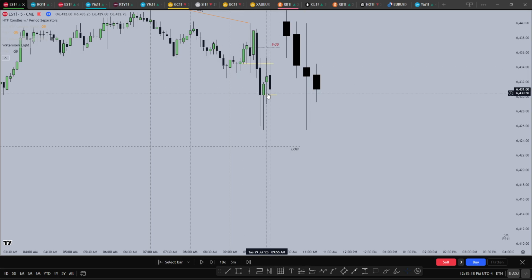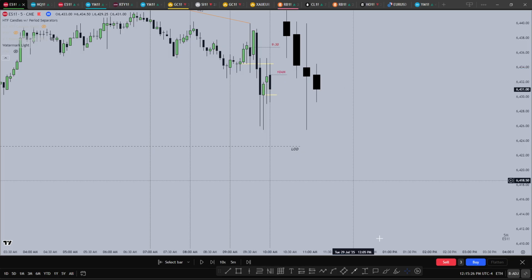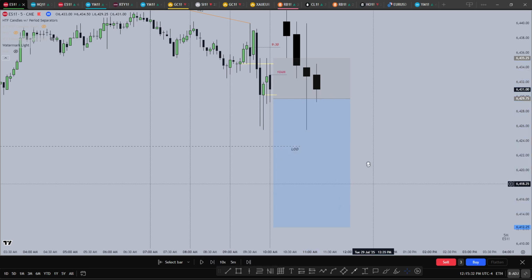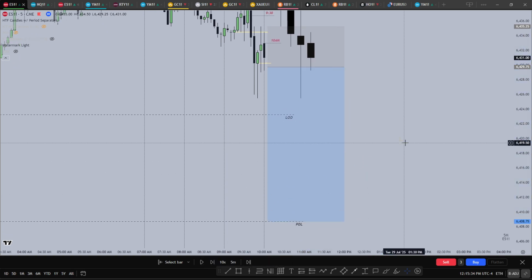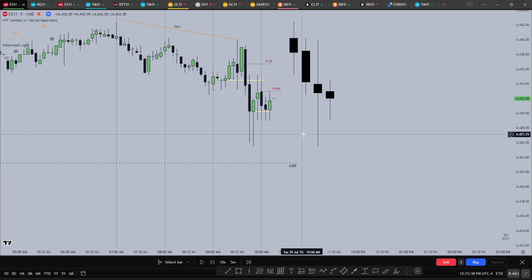Then I'm wanting to see the opposing candles created prior to the 10 a.m. opening, 10 a.m. opening closing through them, giving me a new area to take advantage of. Then I could have taken this, but it is still not showing me willingness. So I'm not leaning towards ES then, right?